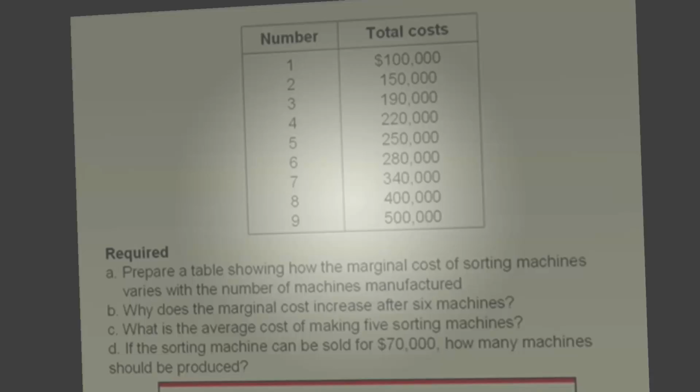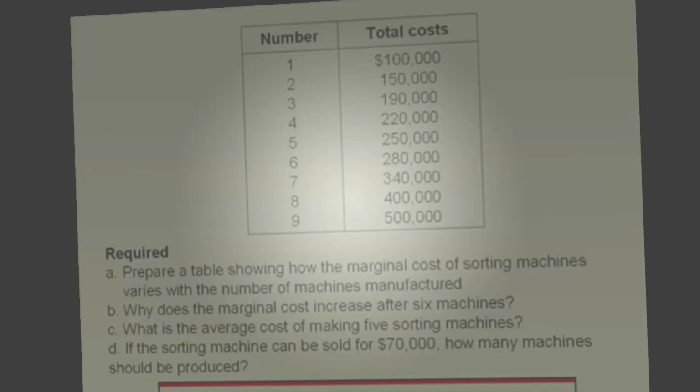A, prepare a table showing how the marginal cost of sorting machines varies with the number of machines manufactured. Part B, tell me why the marginal cost increases after 6 machines.